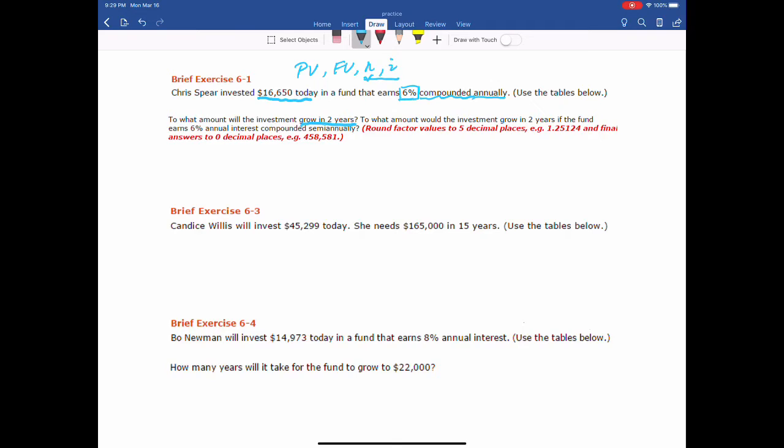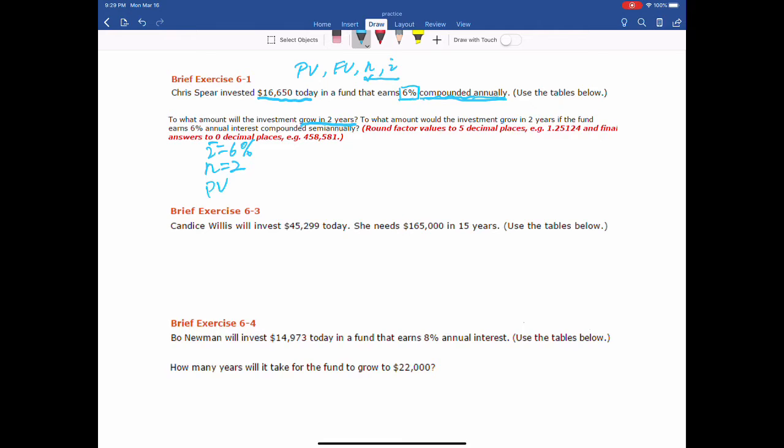Because interest is compounded annually, the interest per period, the I, is 6%. So I can write down here, I is 6%. N is 2. Why? Because interest is compounded annually.